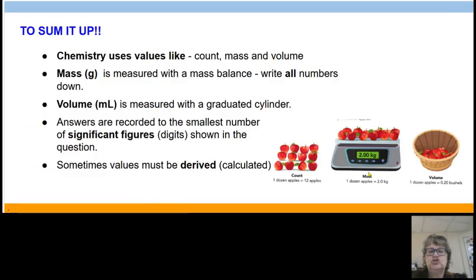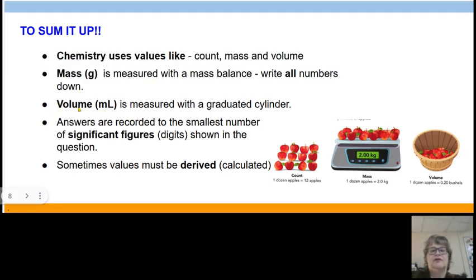So in this lesson, we talked about chemistry using values like counting, mass, and volume. We talked about how mass is measured in grams and is measured with a mass balance. And for digital, we write down all the numbers.